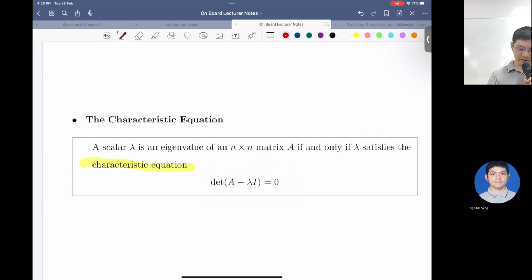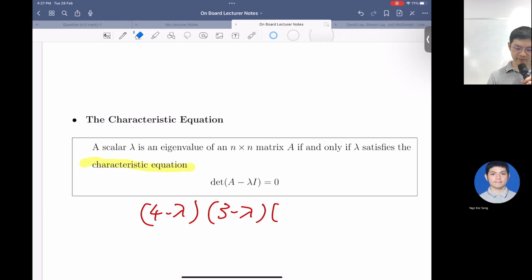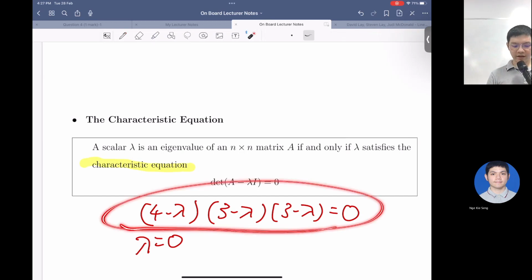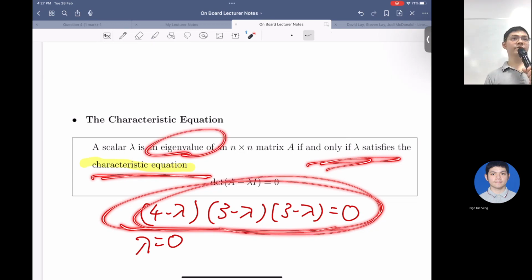So just now the polynomial should be 4 minus lambda, x minus lambda, 3 minus lambda equals 0, right? So if you put lambda equals 0, it doesn't satisfy the characteristic equation. Only when you are a root of this characteristic equation are you an eigenvalue.